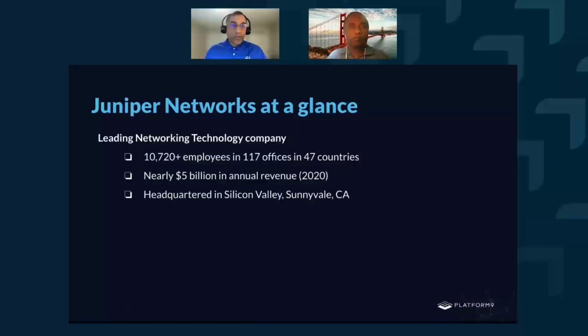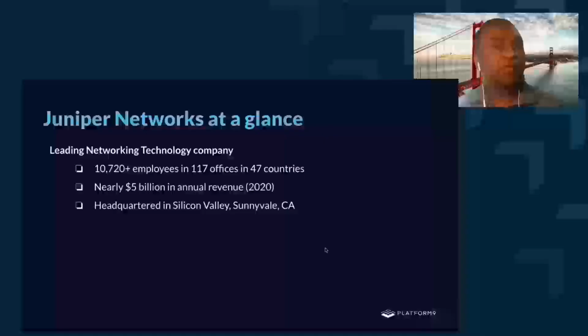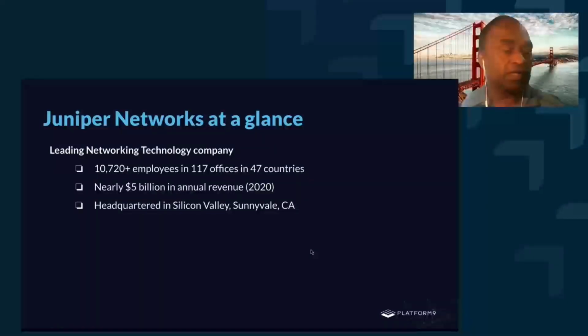So with that, I'm going to hand it over to Ravi for a quick introduction about Juniper. Most of you probably know Juniper Networks, but why don't we have Ravi speak to the Juniper Networks journey and their requirements for cloud native. Hi, thanks for the opportunity for bringing me into this discussion. I'm sure you all know who Juniper Networks is. It's one of the top technology and network vendors in the world.